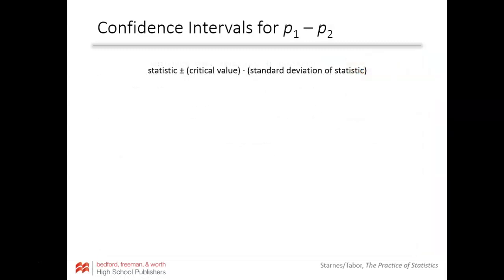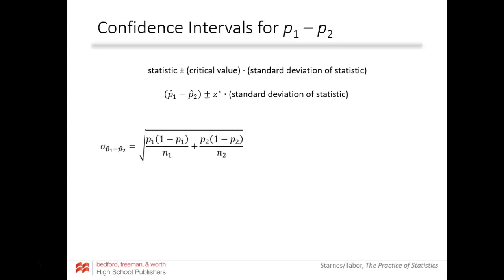So remember, our work for confidence intervals, we had a statistic, and then we're going to add or subtract a critical value, z star, times the standard deviation of the statistic. So we talked about that being the standard error. Well, this time we have the difference in proportions, plus or minus z star, times the standard deviation. So the standard deviation for the difference of proportions, we actually saw this in a previous chapter.